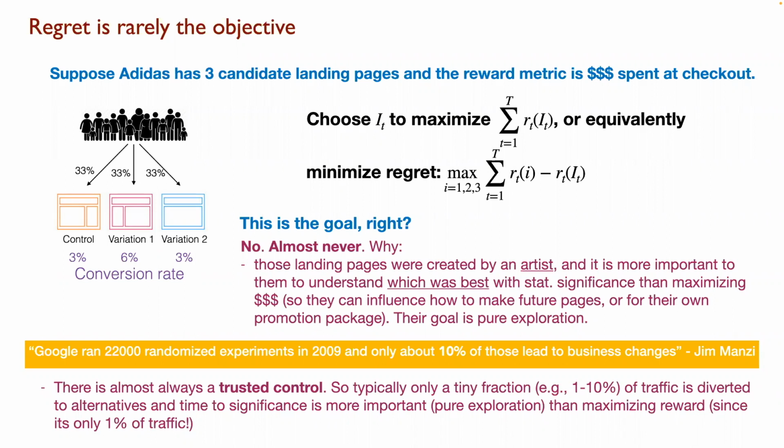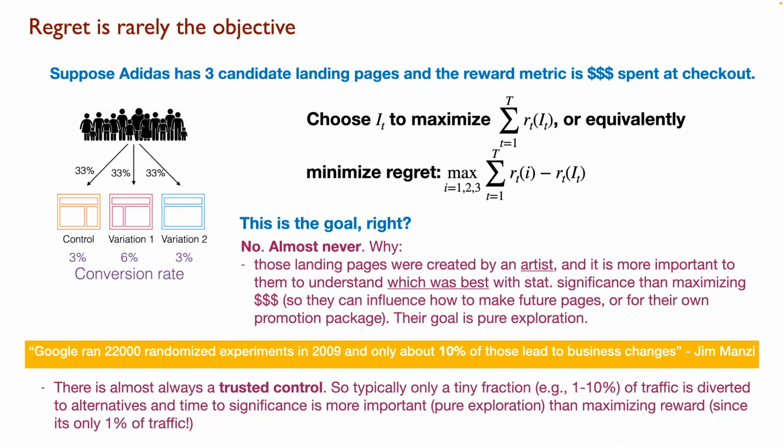And so typically only a very small fraction, like 1 to 10% of the traffic, is going to be diverted to anything different than that control. Because they want the vast majority of traffic to enjoy the thing that we know works. And if something's really bad in the alternatives or variations, we don't want most users to see those.